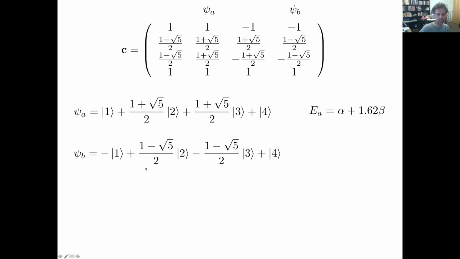So what do we see here? Let's analyze it once again. This is a negative sign. So here, the wave function has a negative sign. So the phase of this wave function is flipped relative to what it is in A, because there it was positive. The second wave function also has a negative sign. How do I know that? Because 1 minus square root of 5 is going to be a negative number.